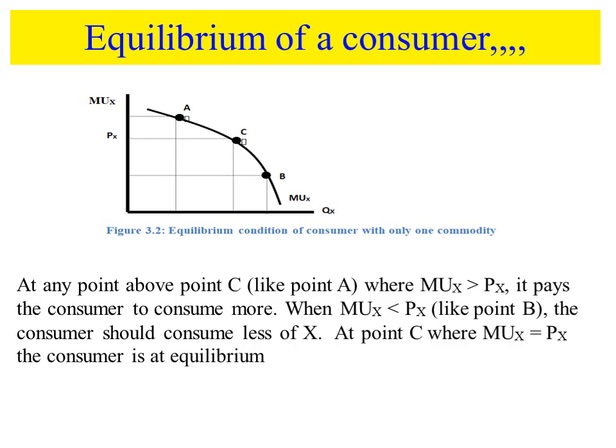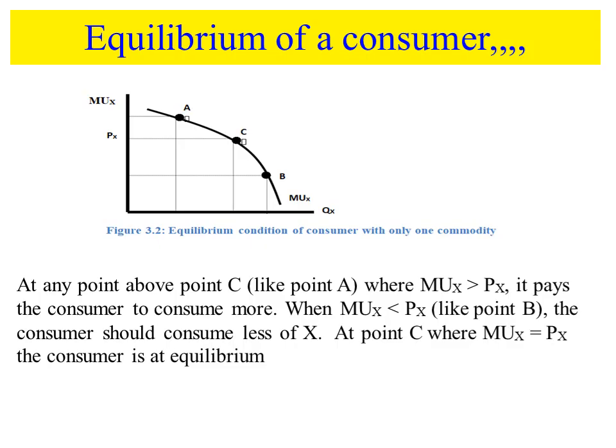Let us take an example. If you purchase a banana or orange for 100 birr, and your satisfaction is 110 utils, the marginal utility or satisfaction you get, that is 110, is greater than the price or expenditure you incur, that is 100.